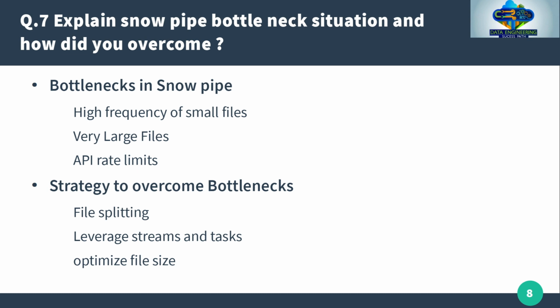With Snowflake tasks, you can automate the loading process, which can be scheduled to load data at optimal intervals, reducing the need for immediate processing of every small file as it arrives. So these are a few strategies through which we can overcome the Snowpipe bottleneck.